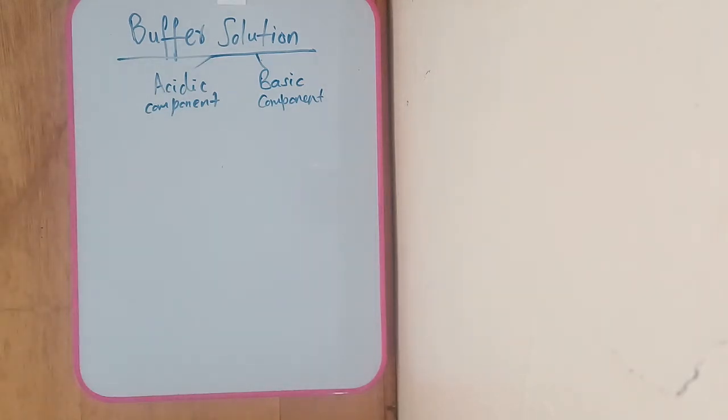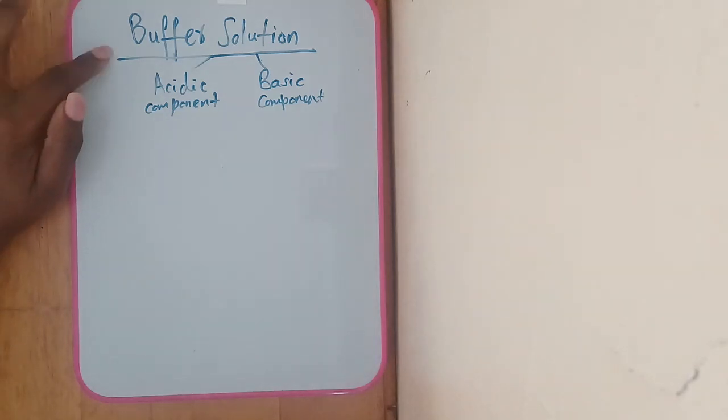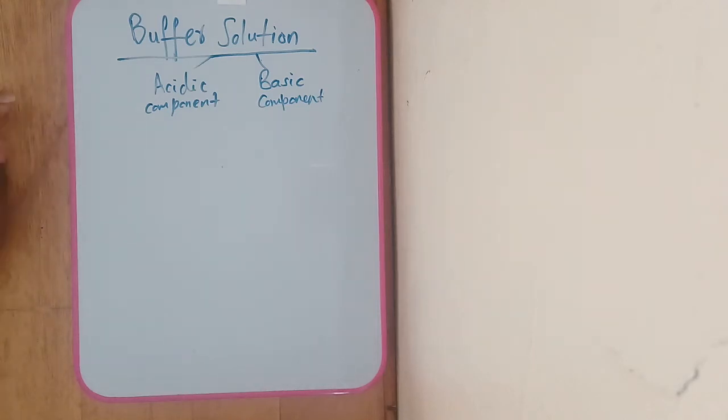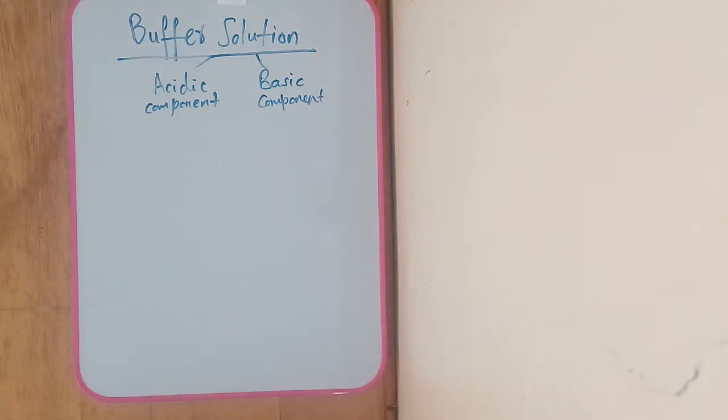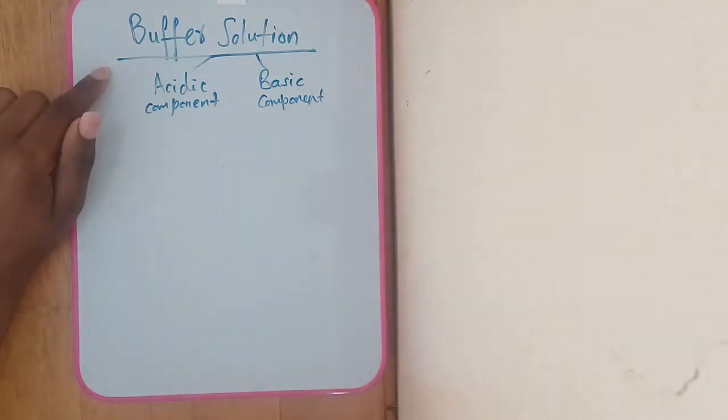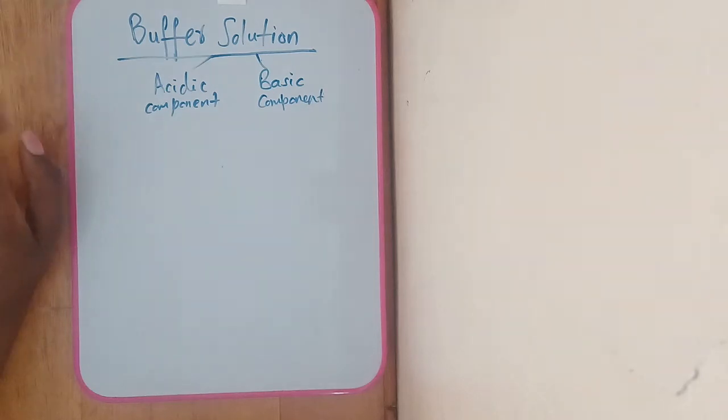Okay, so you may have seen this term before, or you may have used this solution before in your experiment, and you wondered why you were using this buffer solution. We use this buffer solution to maintain the pH of the solution that you're working with.